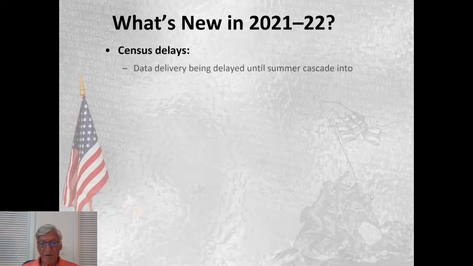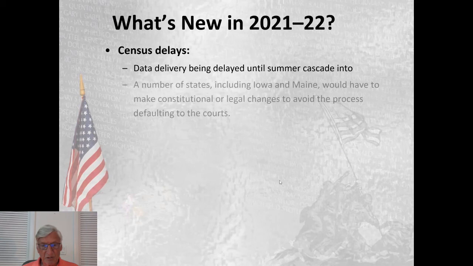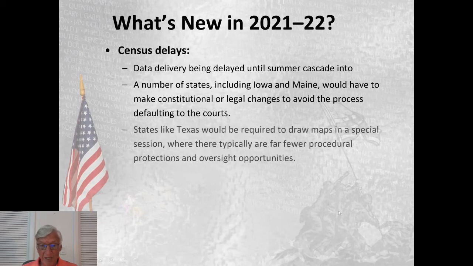We have had census delays. The ability to reapportion was delayed until the final census information came out, which it did maybe 3 weeks ago. And so now they can move ahead to do things, but it's late. Some states, including Iowa and Maine, will have to make constitutional or legal changes to avoid the process being defaulted to the courts, because the timeline has already begun for many of these states.